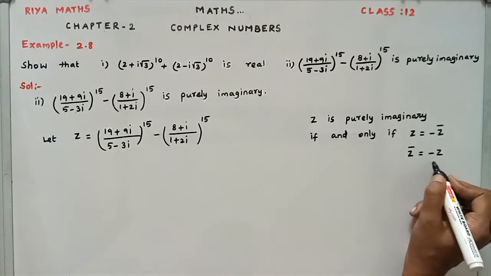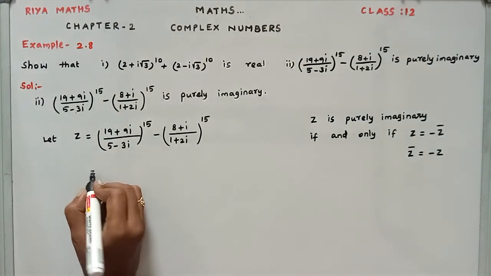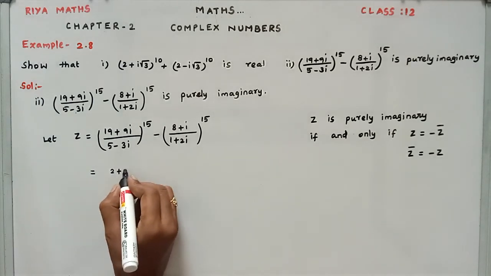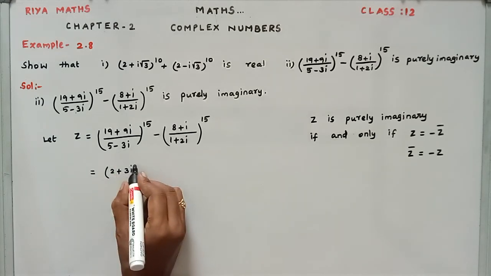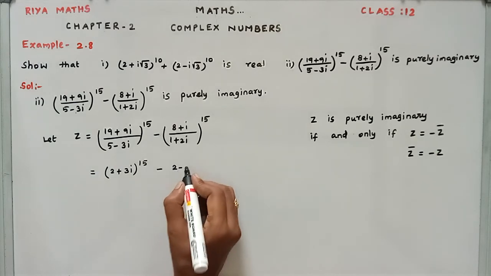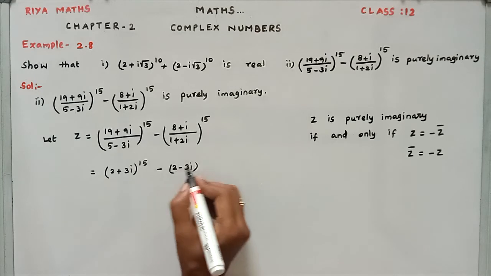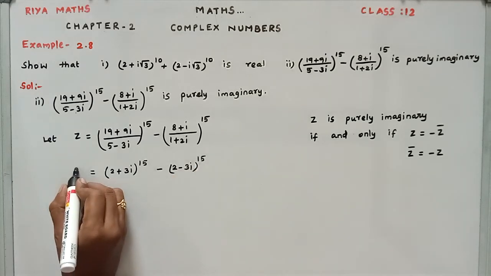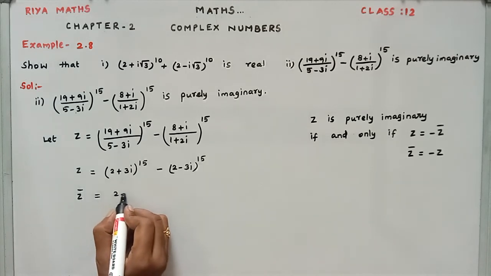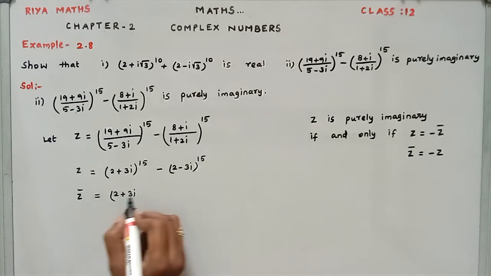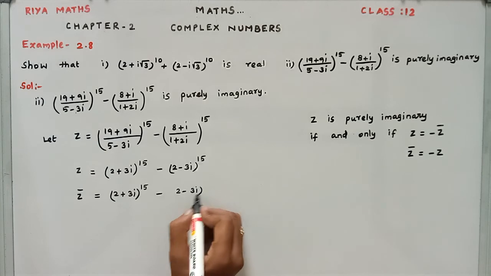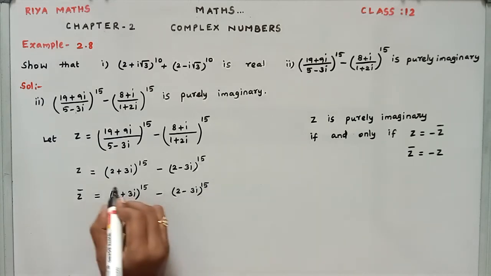This result only we want to prove now. For the first term we have found our answer, so z is (2 + 3i)^15 minus the second term, (2 − 3i)^15. Now this is our z. We have to find now z bar. So z bar is the whole bar of (2 + 3i)^15 − (2 − 3i)^15.